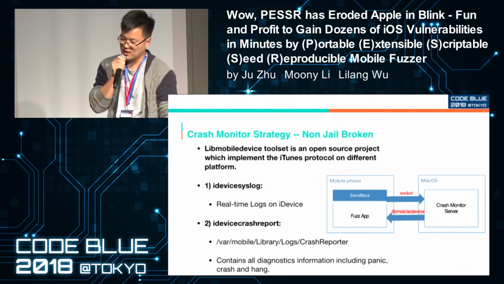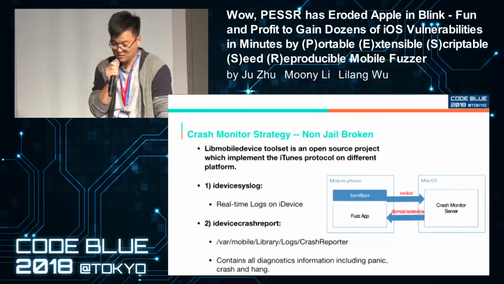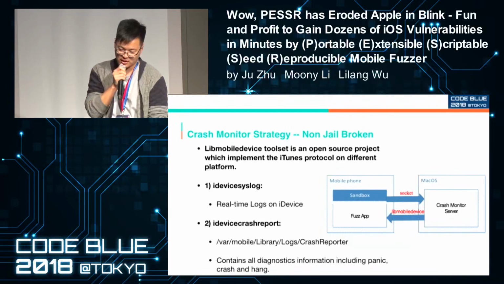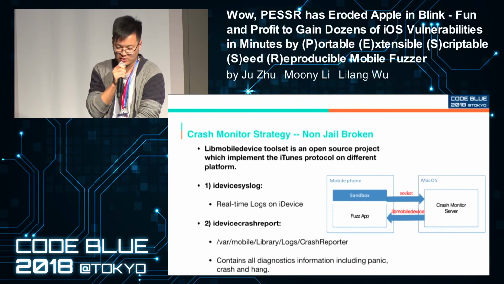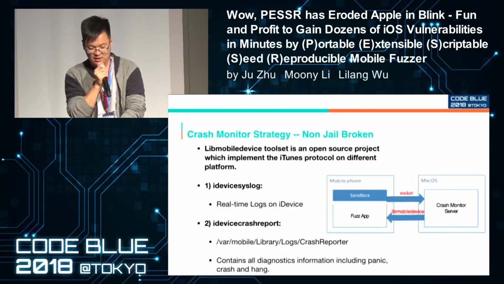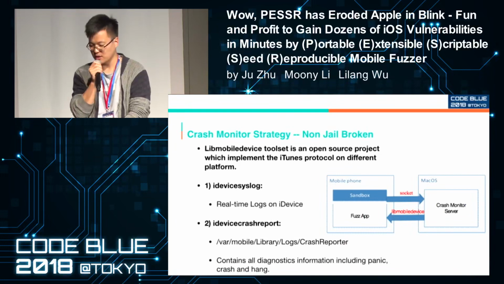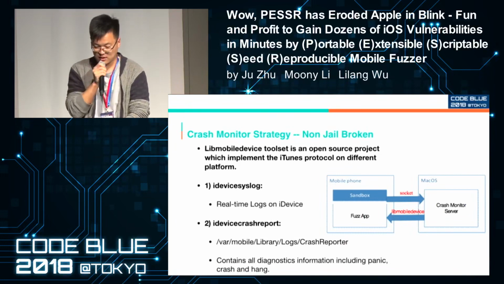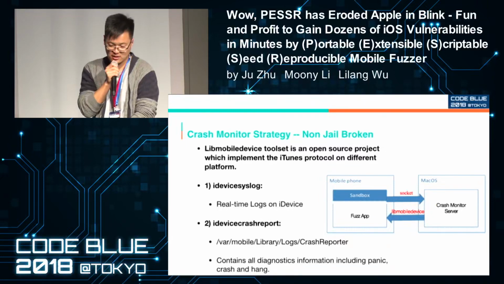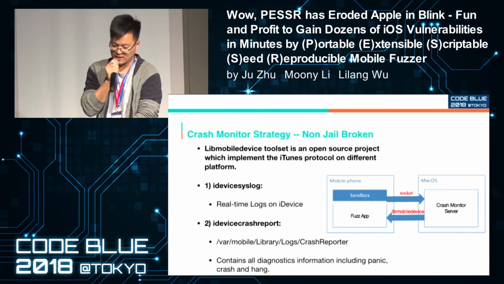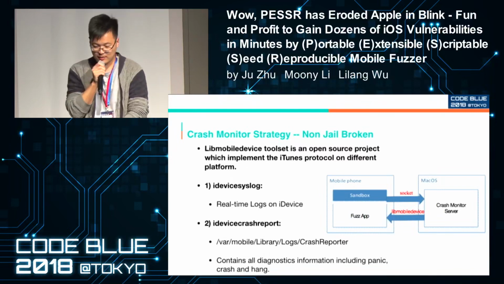We all know that fuzzing on iOS systems is a painful thing, especially on jailed devices. However, luckily, there are already some excellent toolsets that implement the iTunes protocol, which can help us communicate with the iDevice, such as libimobiledevice. Then we can use the iDevice's log to monitor the system log and see whether an XPC service crashed or exited.